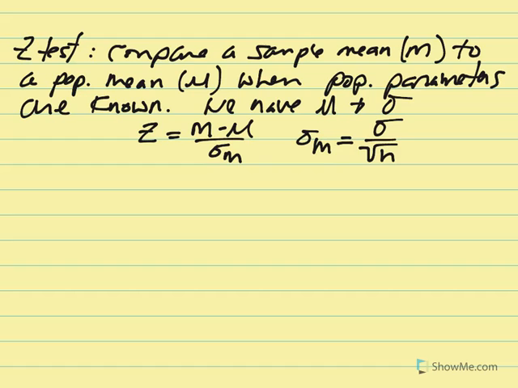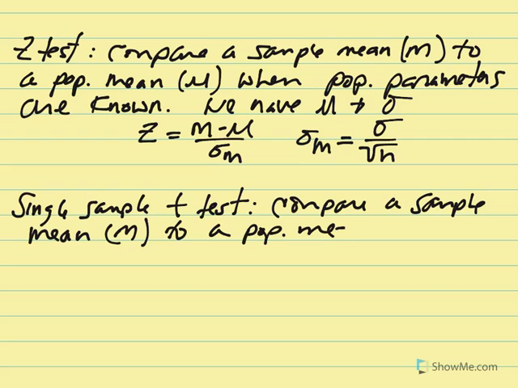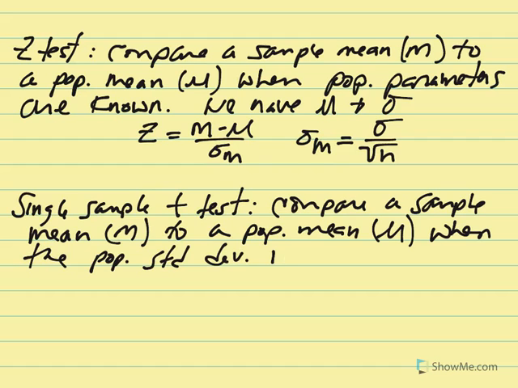And the way that Chapter 9 was different, so we referred to Chapter 9 as a single sample t-test. And in that process, we compare a sample mean, M, to a population mean, mu, when the population standard deviation is not known.